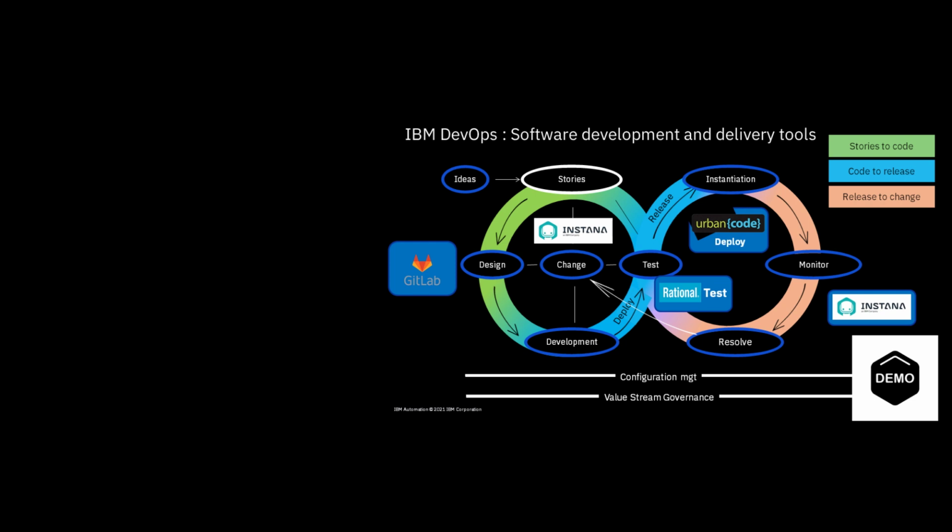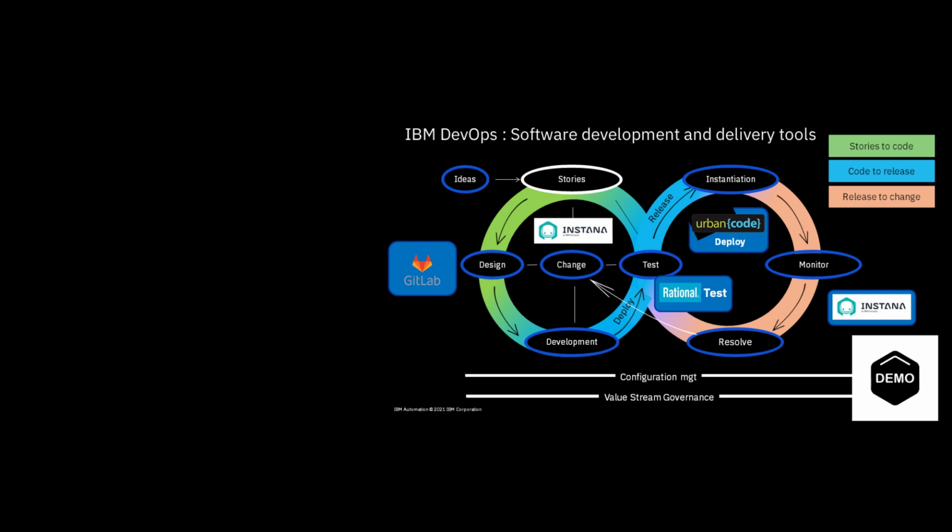So here we see the standard DevOps diagram with those phases of software development and delivery. The whole idea with DevOps, right, is to have this continual loop where you get feedback, you do some work, you get feedback, so that you know you're always doing the right thing.